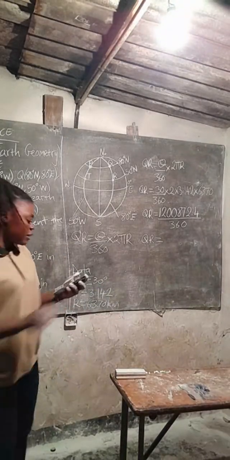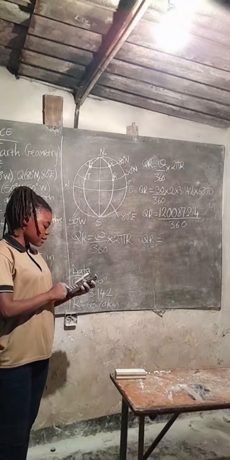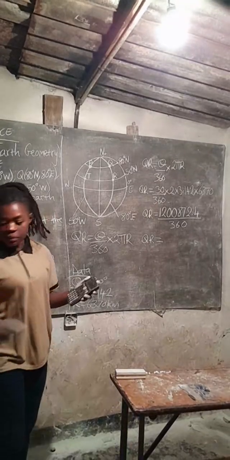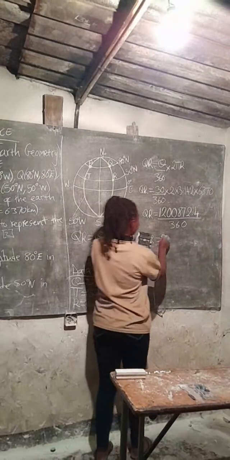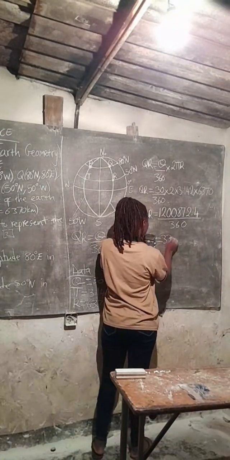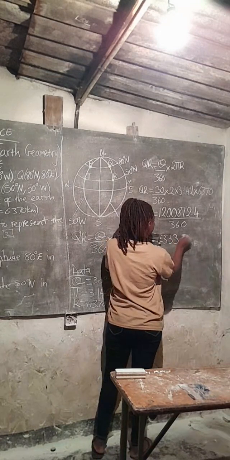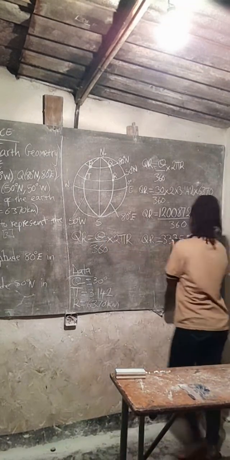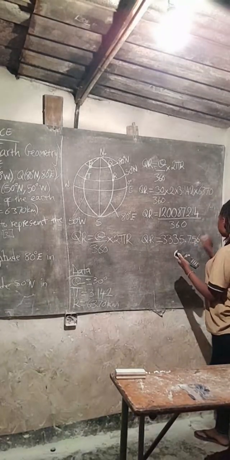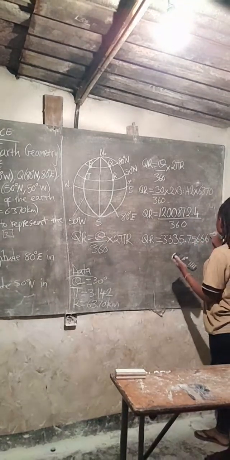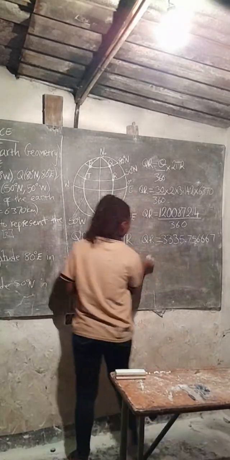For people who have already divided. Okay, so we divide that by 360, which is giving me 3335.75667. Then round off to what?